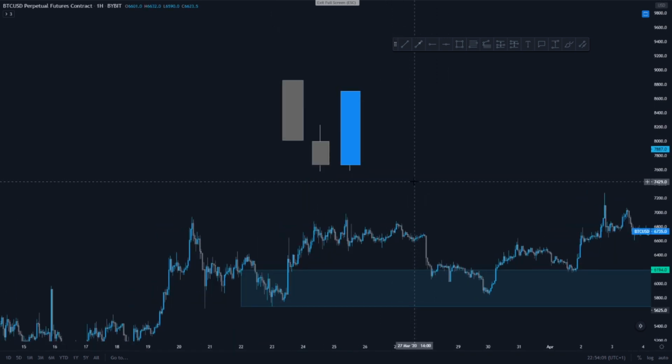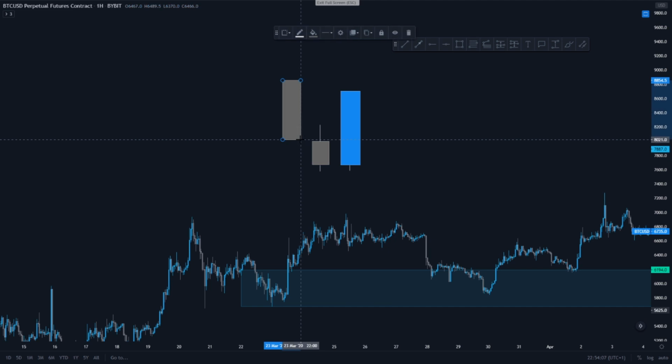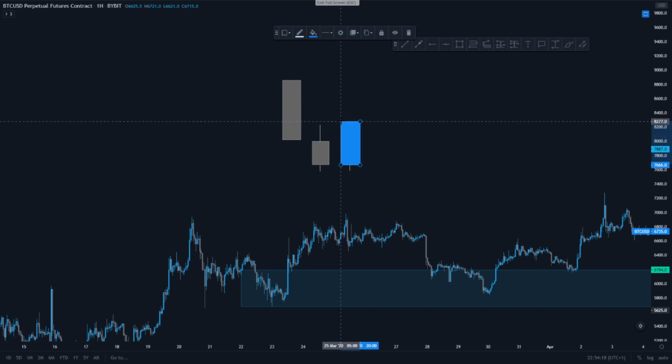Engulfing means, guys, in this example here we have a bullish engulfing. It means that you have a downtrend, or a retrace, a pullback, and then suddenly you have a bullish candle that engulfs this down candle completely, okay? So it has to be bigger than the down candle.